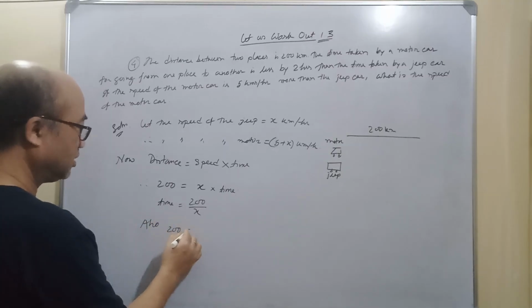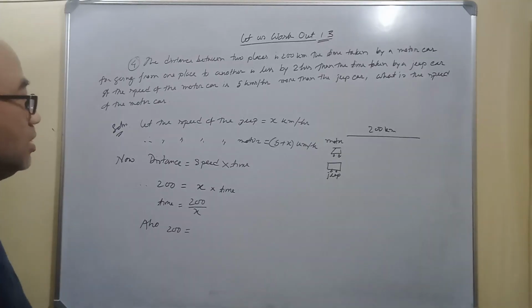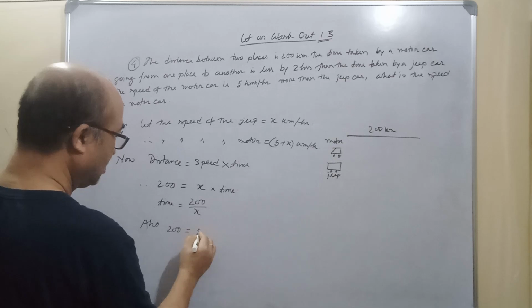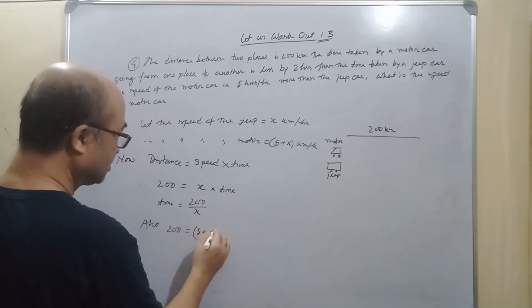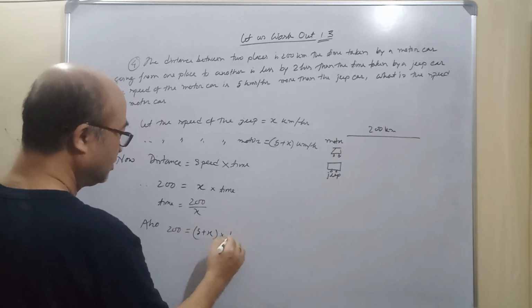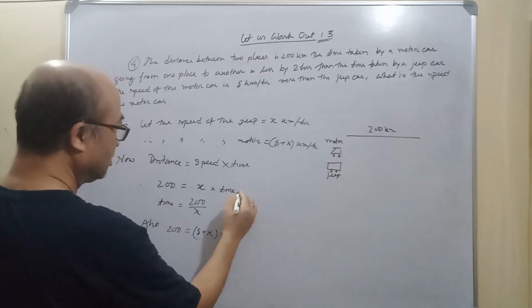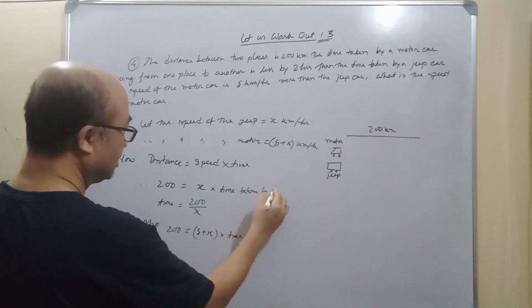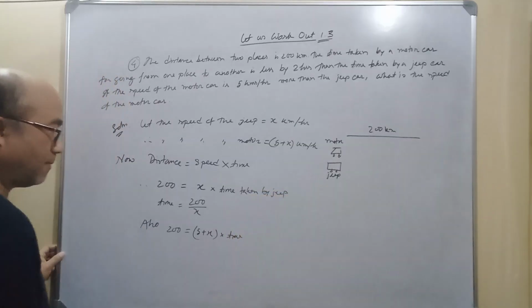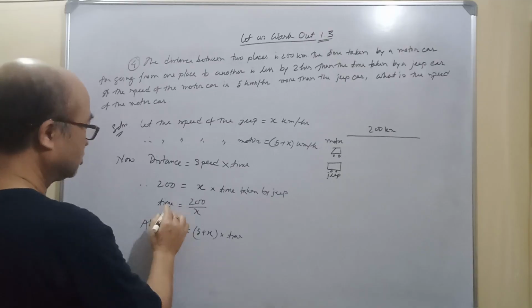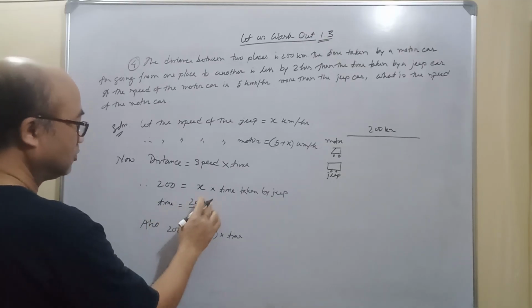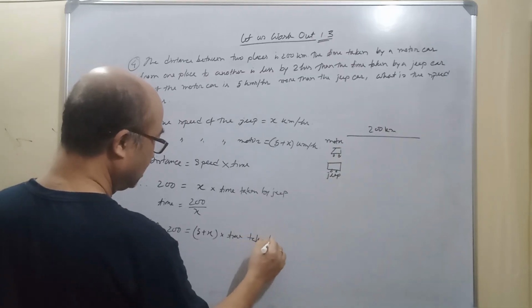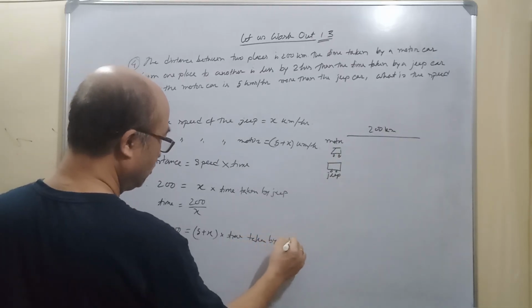Also 200 equal to 5 plus x into... this is time taken by the motor. So in short, time taken by the jeep is 200 by x.